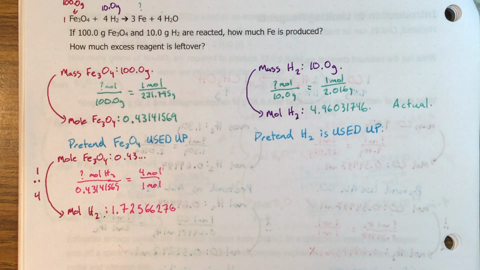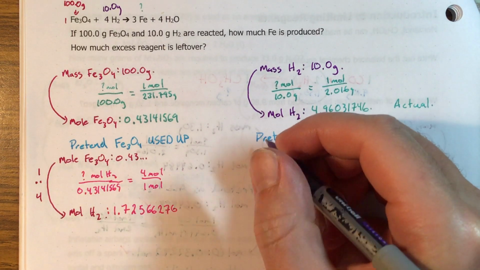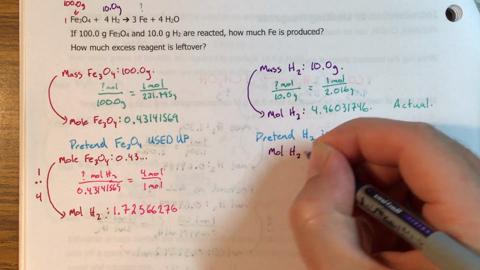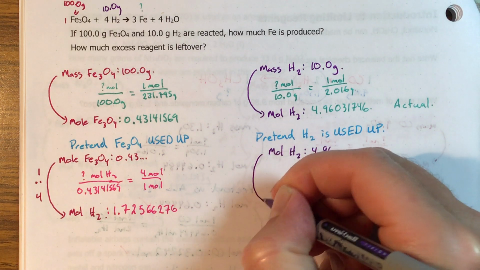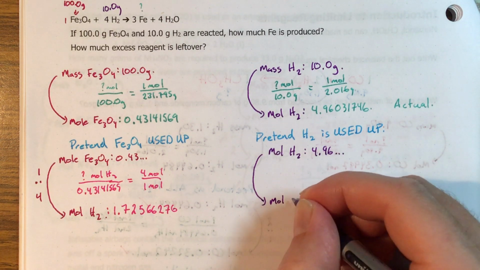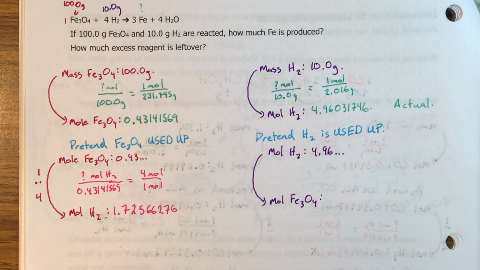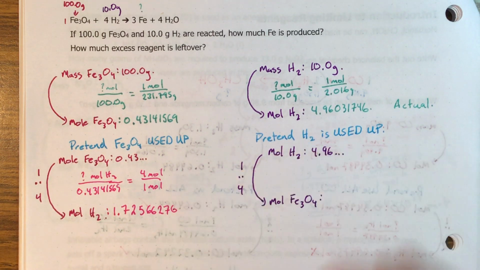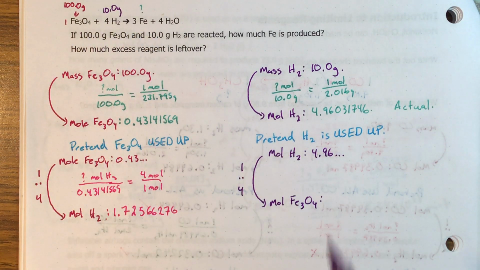So we pretended all of our Fe3O4 was used up. Now over here, we're going to pretend that our H2 gets used up. So let's look at here. We've got our moles of H2, which is 4.96. And we're going to figure out how many moles of Fe3O4 it would take to use this up. We're going to use our molar ratio. Our molar ratio this time is 1 to 4, right, from up here on our chemical reaction.